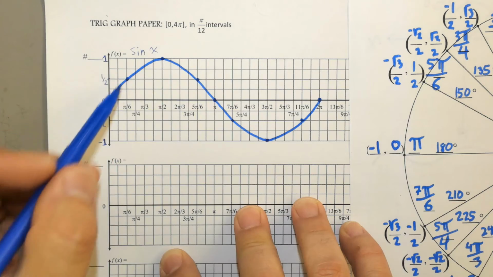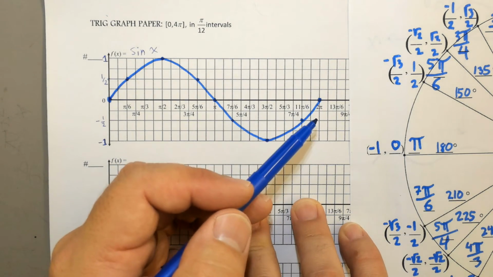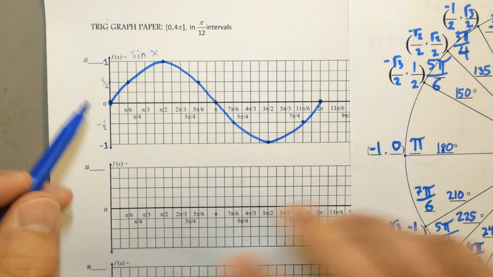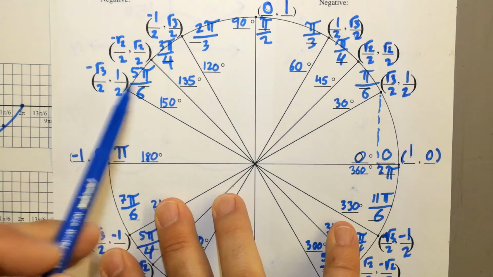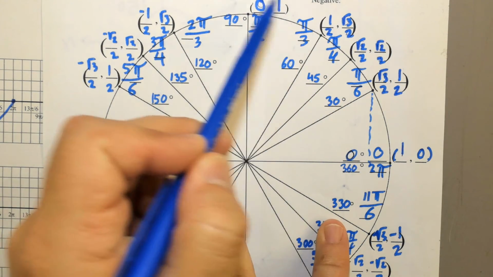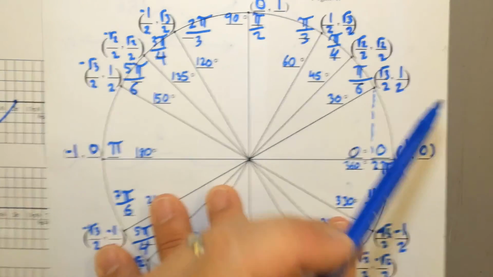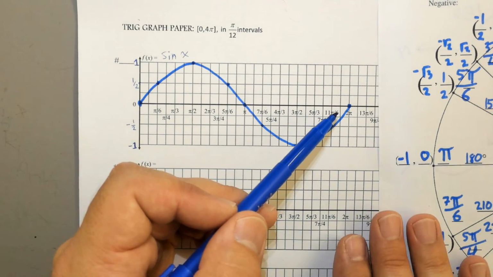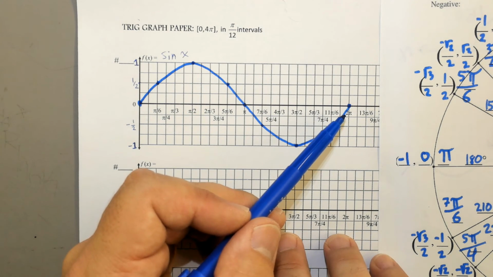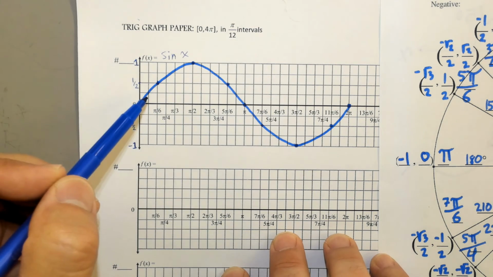We graphed one period or one rotation around our unit circle utilizing the angle, right, and the y component, because again, the y component represents the sine function. Okay, so there you have it. We graphed it. In the next video, you're going to follow along, and we are going to graph sine of x, right?